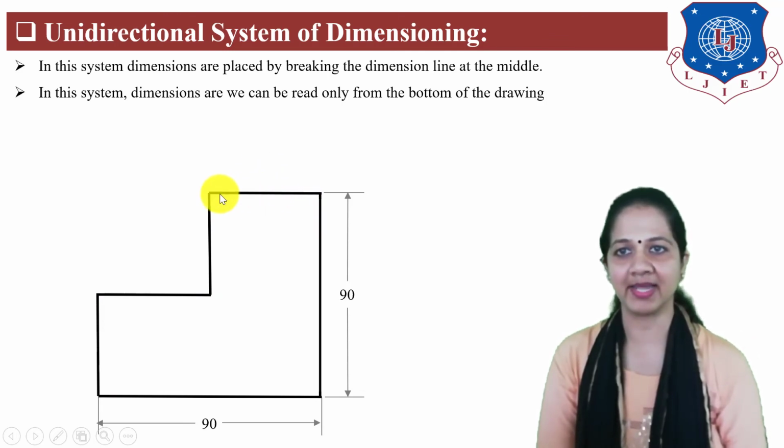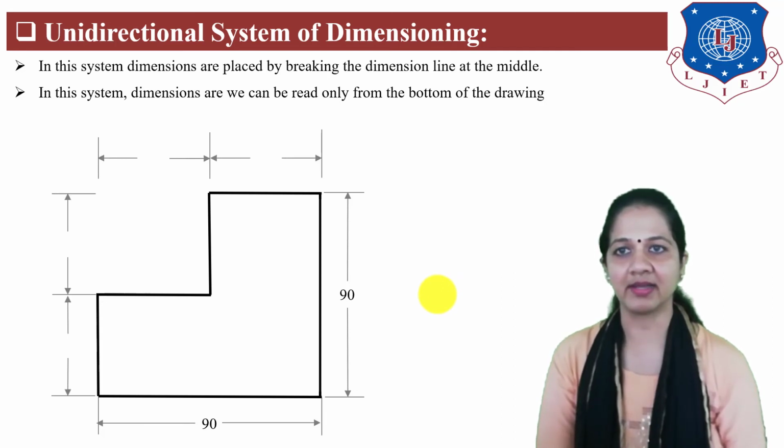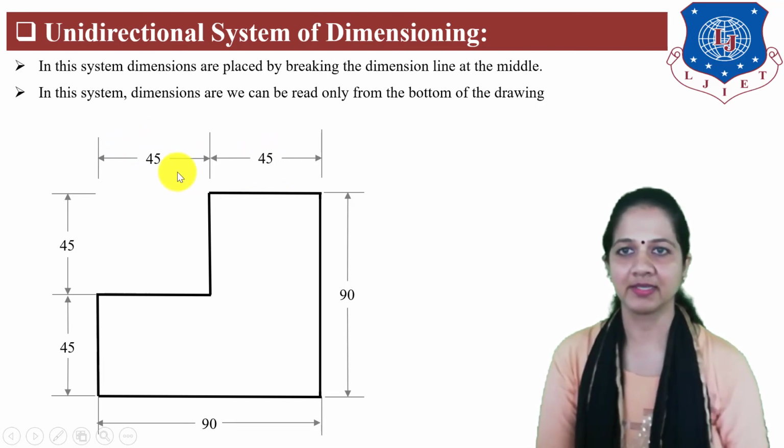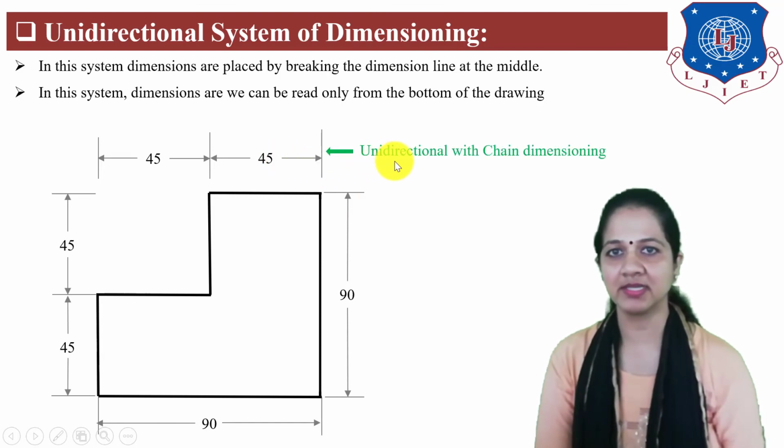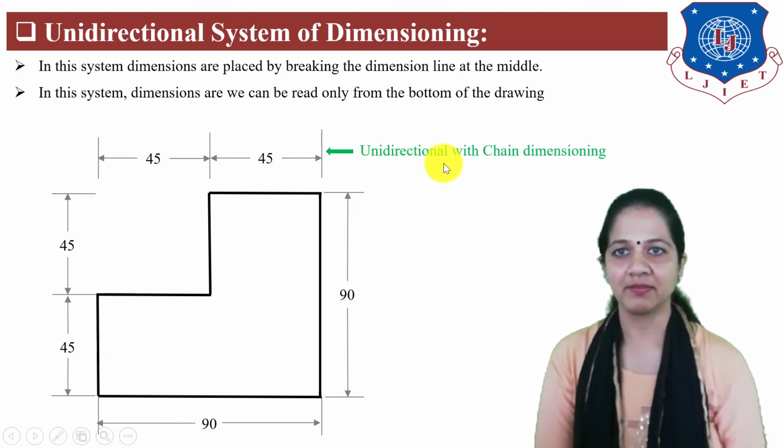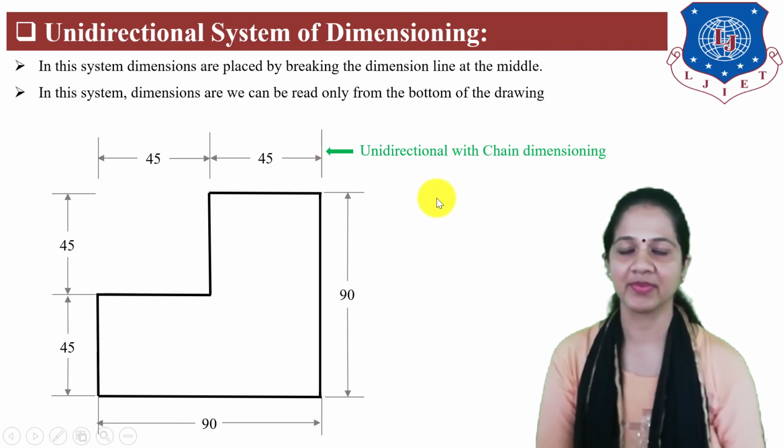If you want to apply chain dimensioning, then first draw the extension line, then arrange the dimension line in a chain or in a line and place the dimension by breaking the dimension line at the middle. So this is the unidirectional method with chain dimensioning.